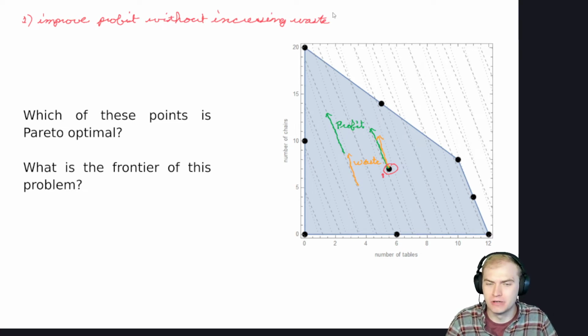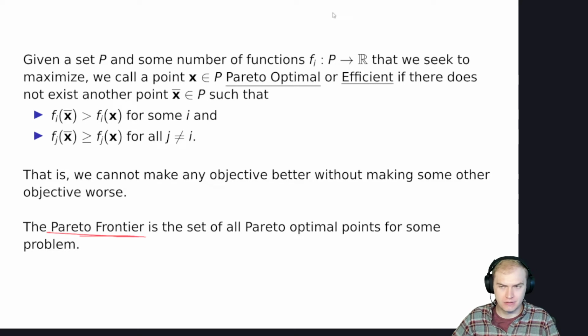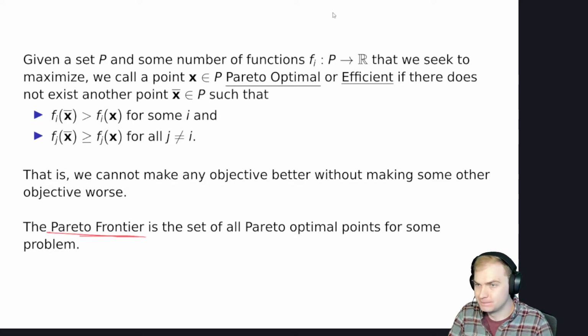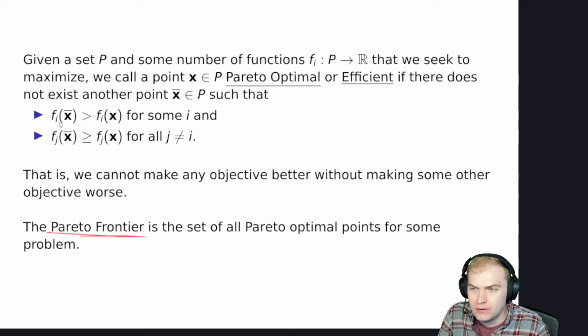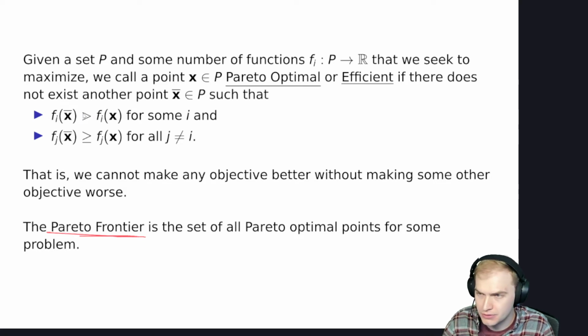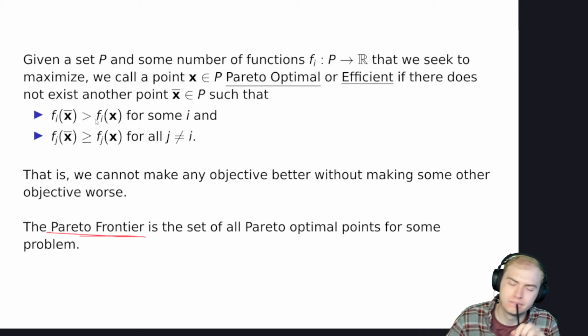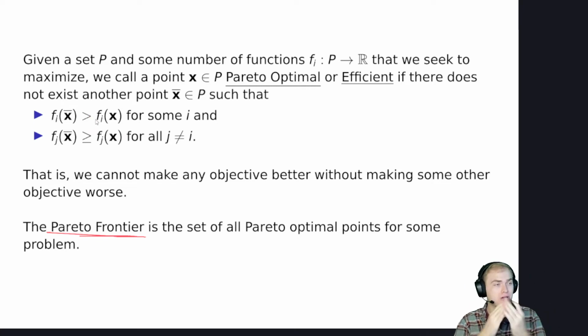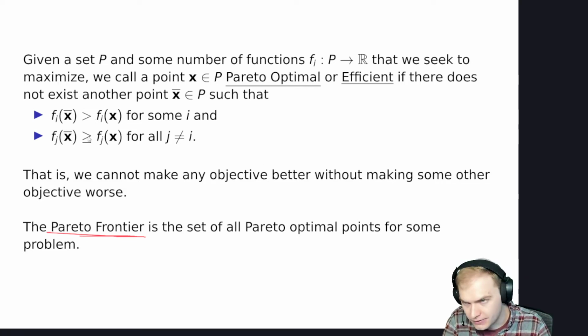So let's go back to our definition of Pareto efficient. If f is our profit, or if I is our profit function, we have that this new point, whatever new point on that waste vector, has a better profit and the same waste.